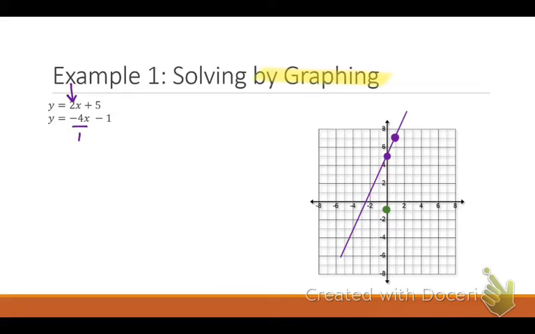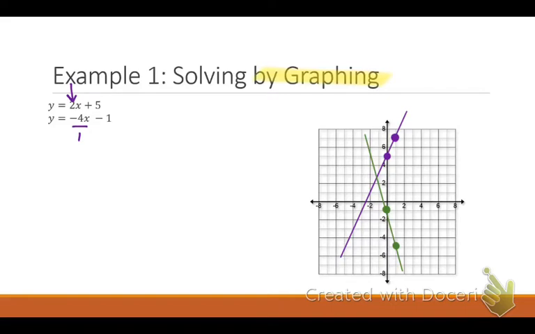So we go down 4 over 1, plot our point, and now we draw a straight line, again, as straight as we can. It's tough to do on the iPad, but I'll give it my best shot. As straight as you can until the lines intersect, until they cross.